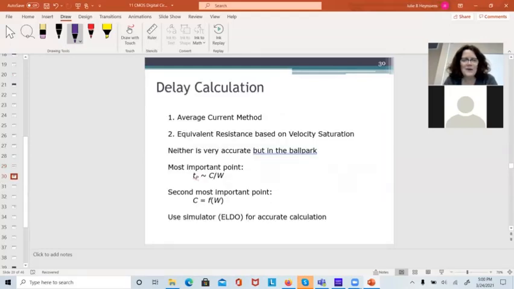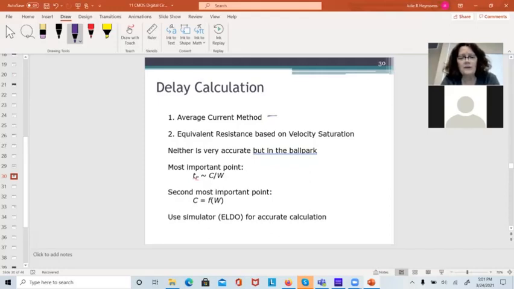So there's two ways we calculate delay. We don't actually do this in this class, but I'm going to give you a preview. They're all approximations. For hand calculations, we get to do this in 380, Lab 1. There's the average current method, and this is in the Cedra Smith book if you're really interested in the details.